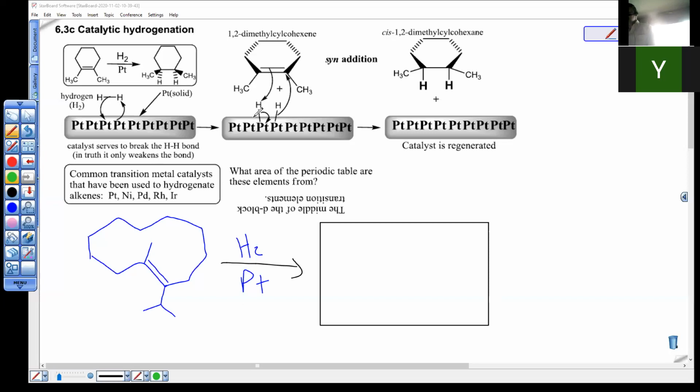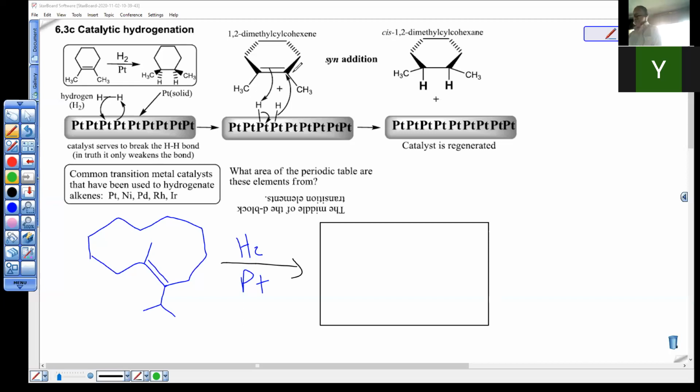This platinum here will be getting electrons back. That's a reduction. And the platinum here will be losing electrons because it's giving up its bond to H here. That's an oxidation. Net result for platinum is no change. Carbons both get new hydrogens. That's reduction. Both bonds happening at the same time means syn addition.